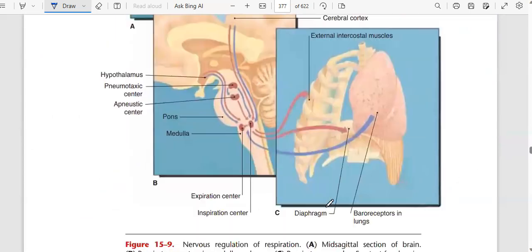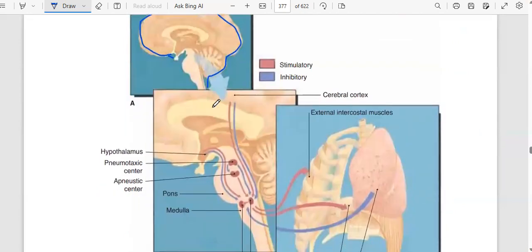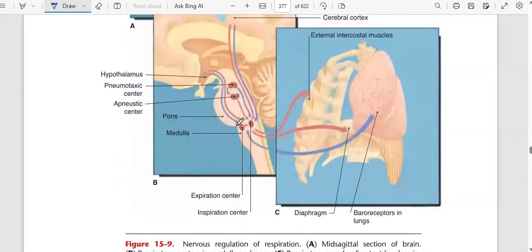So you can see that this is the brain. All these are the brain. This is the cerebrum, cerebellum. This is the medulla oblongata. These are the pons. In the medulla and the pons we have respiratory centers.